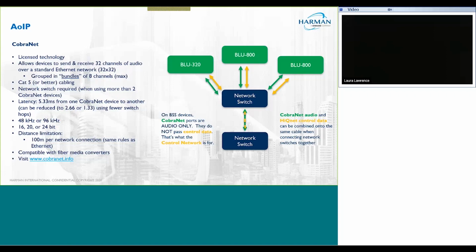And once you've utilized that bundle, maybe you only need 2 channels for a stereo audio pair on that bundle, you may not be able to use that same bundle for your other audio because of the way the audio is routed across CobraNet. So that can be a limitation as well. But the low channel count is definitely one of the limitations that you're going to find there.